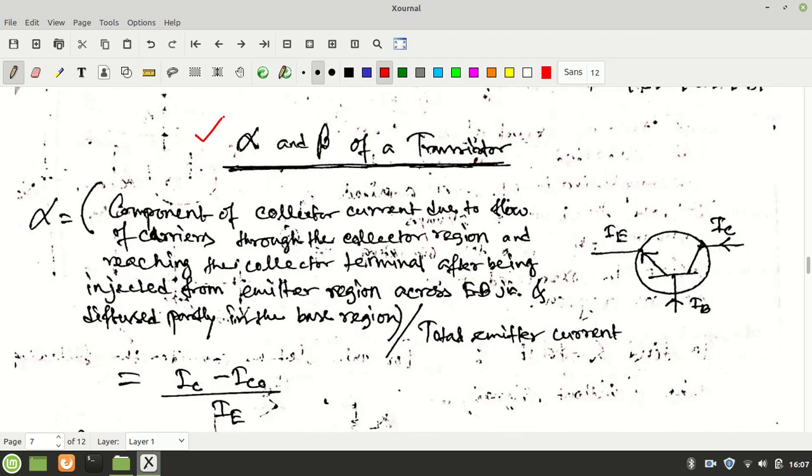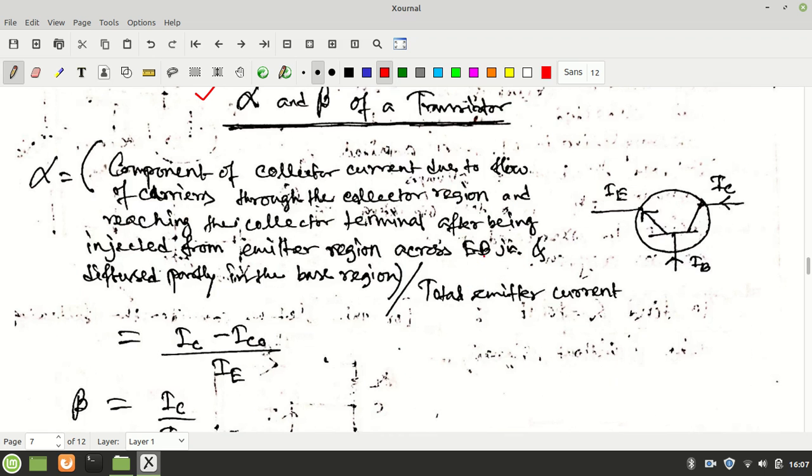Now two important parameters are alpha and beta of the transistor. What is alpha? Alpha is the ratio between two currents. One current is the component of the collector current due to the flow of carriers from the emitter region. The collector has two types of current.